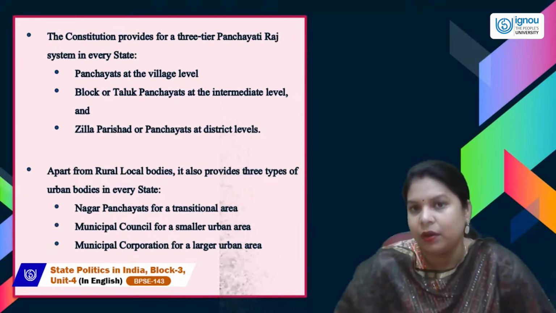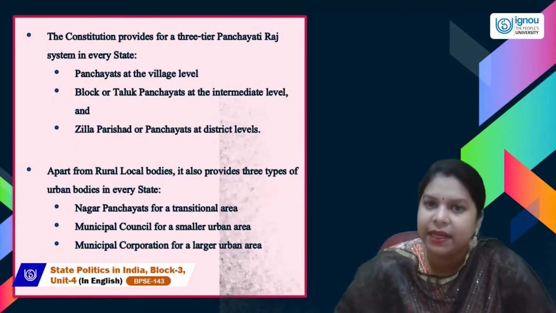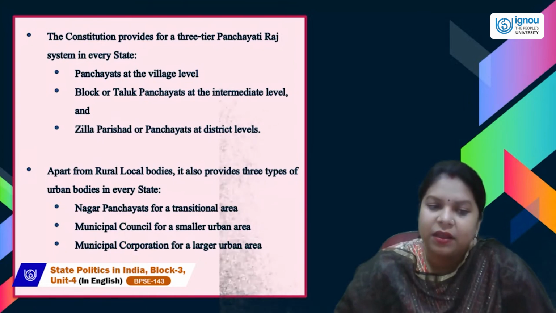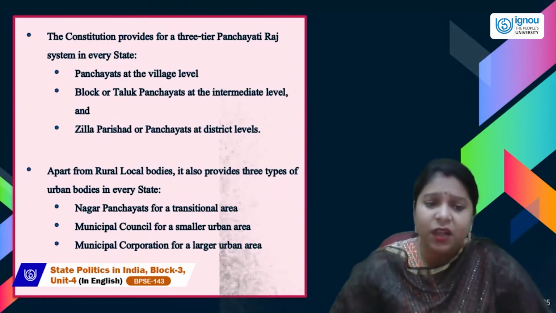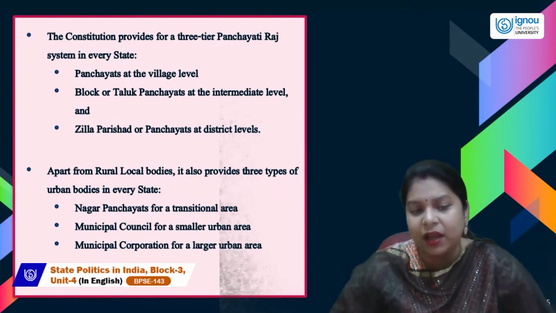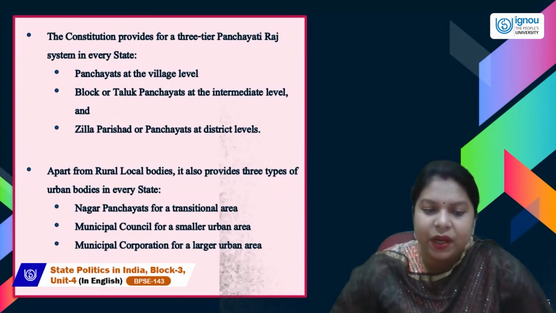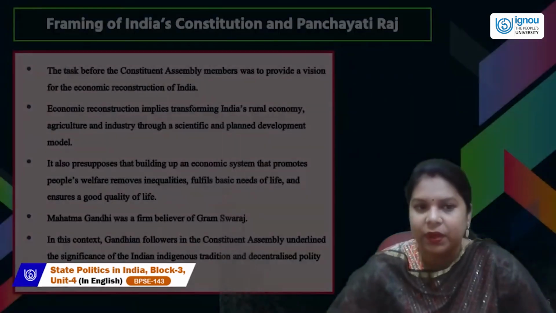As we learned, there are 2 types of local government, one in the rural areas and the other in the urban areas. In urban areas, the types are the Nagar Panchayat for a transitional area, the Municipal Council for a smaller urban area, and the Municipal Corporation for a larger urban area.